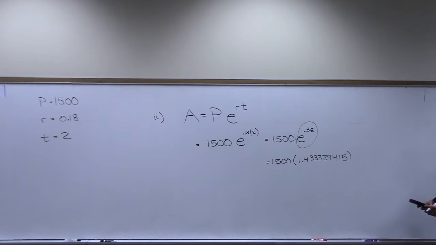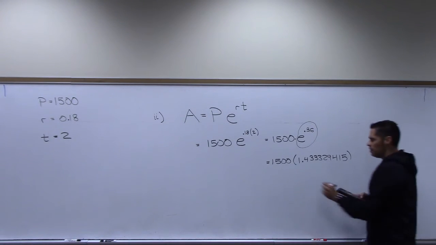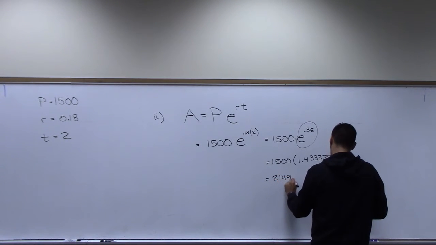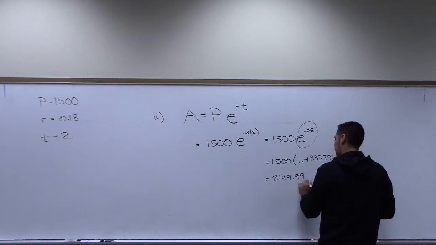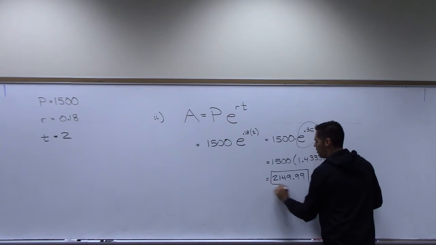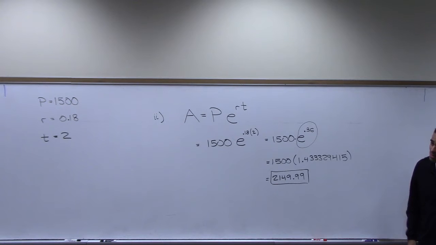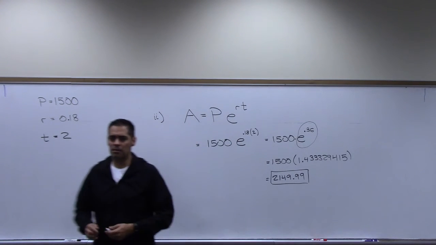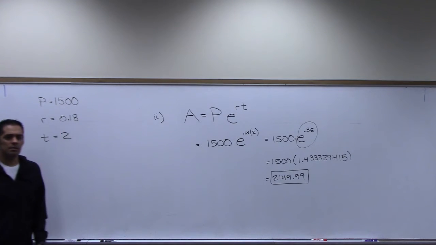And we're going to round it to the nearest cent. So what was this? 2149.99. What was the other answer? 2133? This actually made a little bit of a difference, didn't it? About a $16 difference.